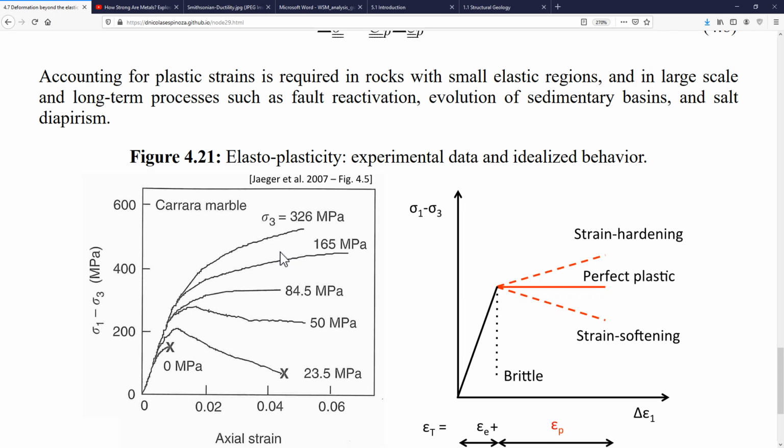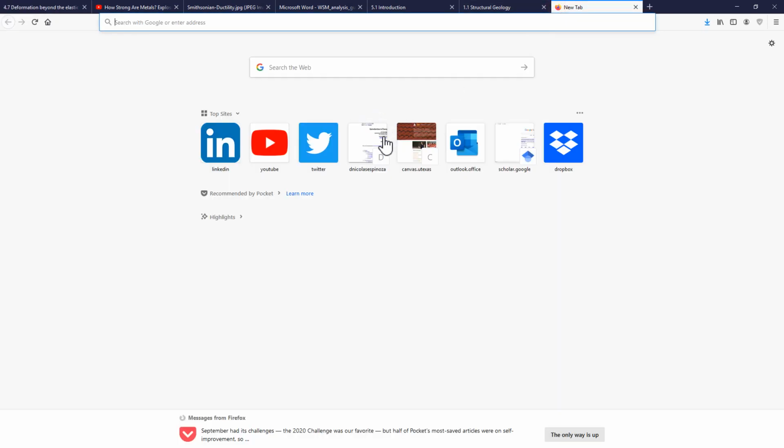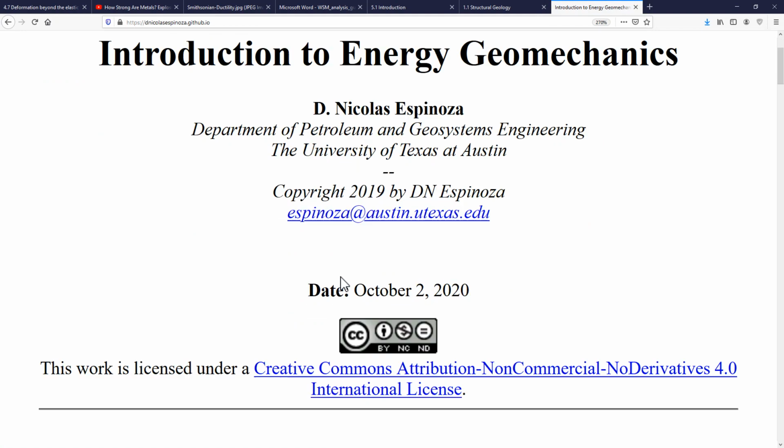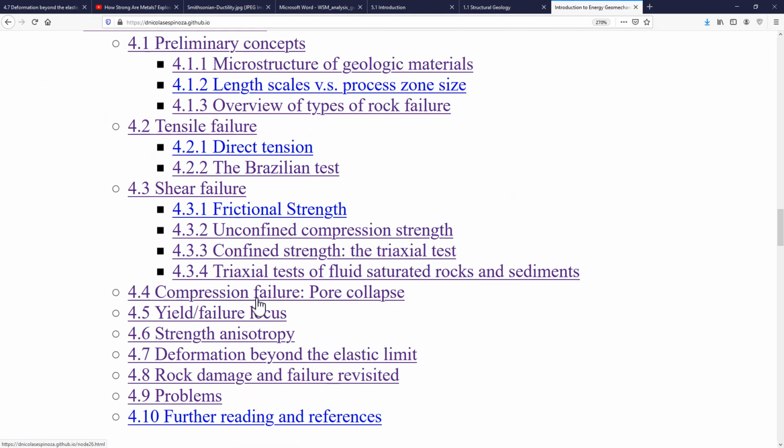And this is what we have seen, for example, with the Mohr-Coulomb shear failure theory: the higher the confining pressure, the bigger the Mohr circle I'm going to have, and the bigger the strength of the material is going to be. This just reminds me of something, and let me bring this in here so I can explain myself a little bit better.